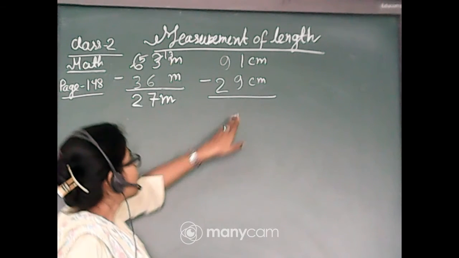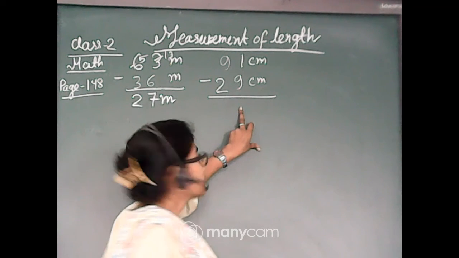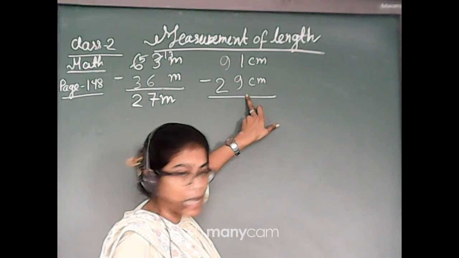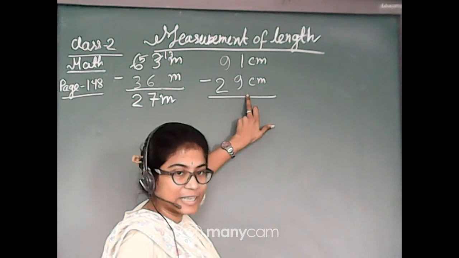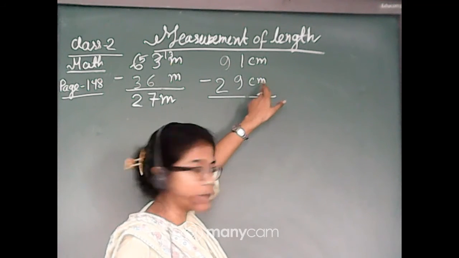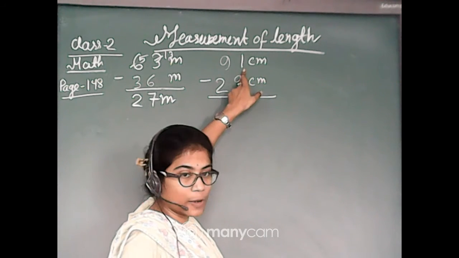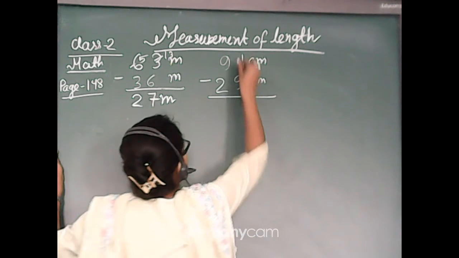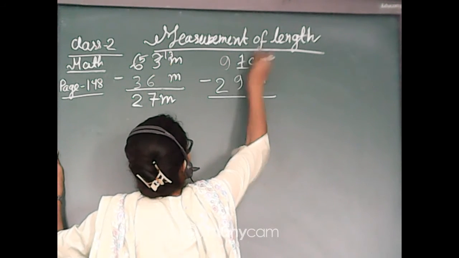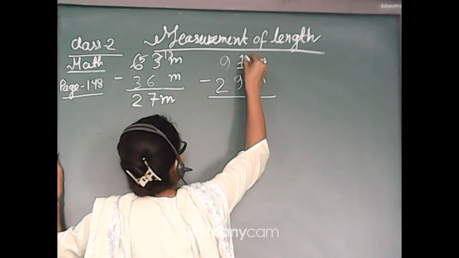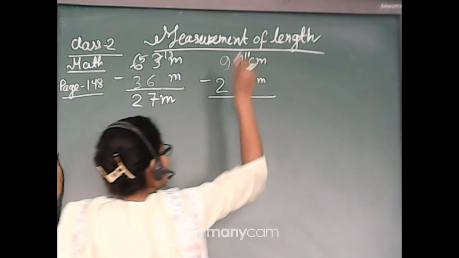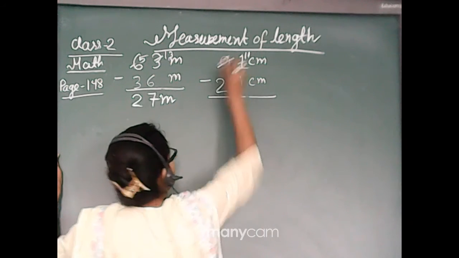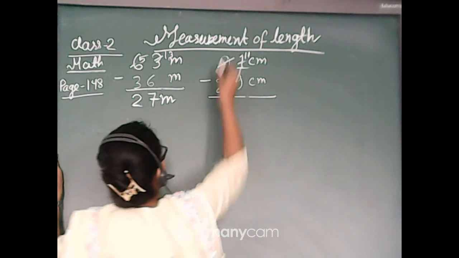Then look at the next math. Here 1 is on the top and 9 is below. Now 9 is bigger than 1, so we think of the top one as 11. We slightly strike this one, write down 11 on top, and this 9 will reduce by 1 and become 8.